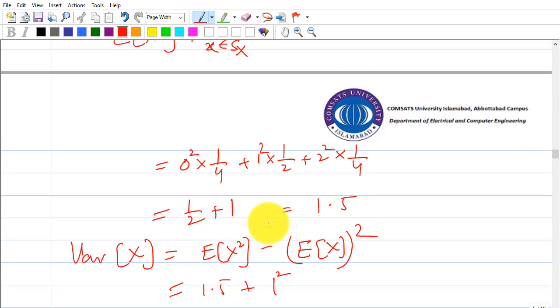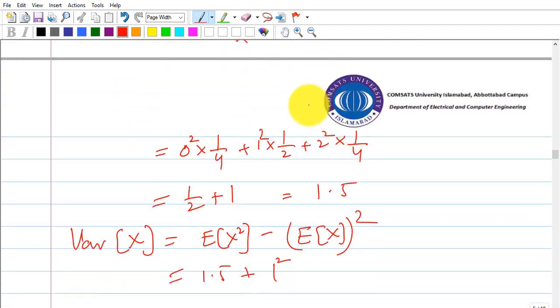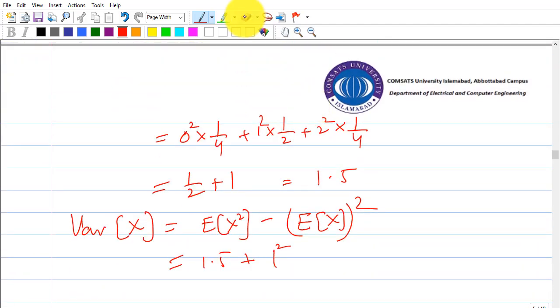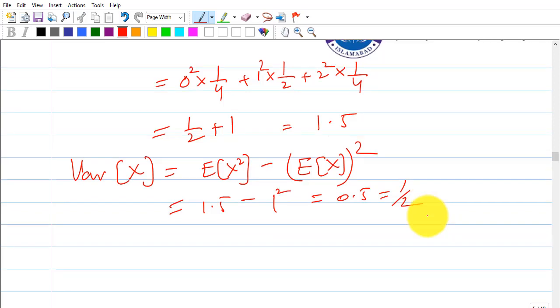So this is 0.5, or 1 by 2. So we have seen that both ways give exactly the same value of the variance of x, so we can use either anywhere.